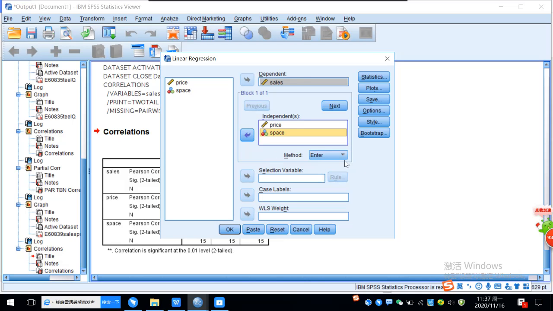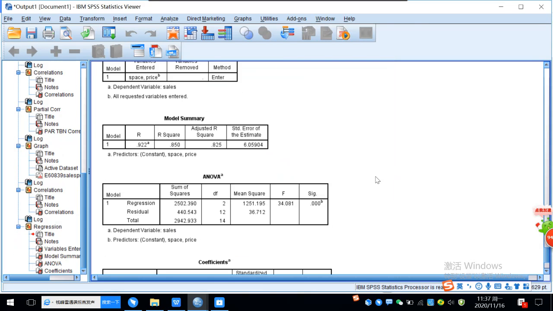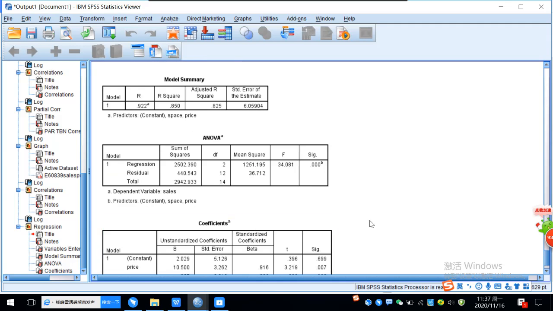Enter method means price and space both enter the model. Click OK here. Okay, let's look at here. Here we have the model summary, ANOVA, coefficient.